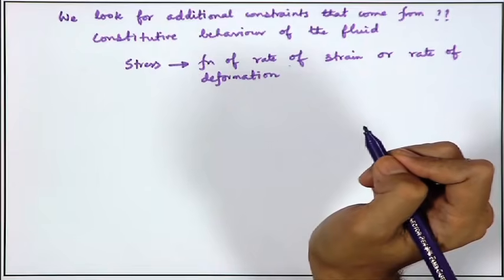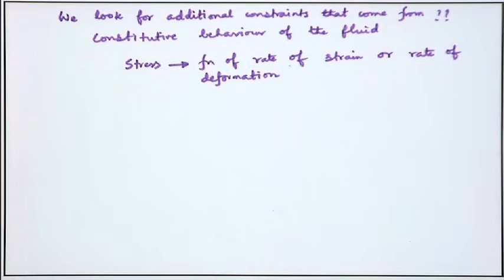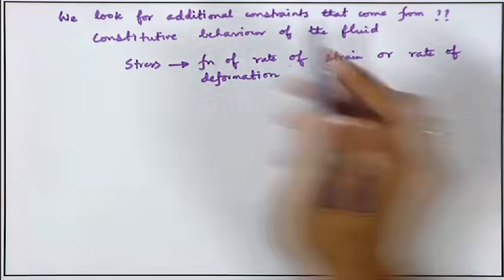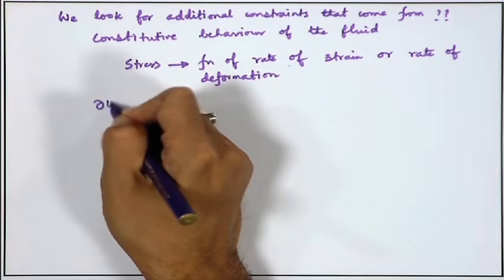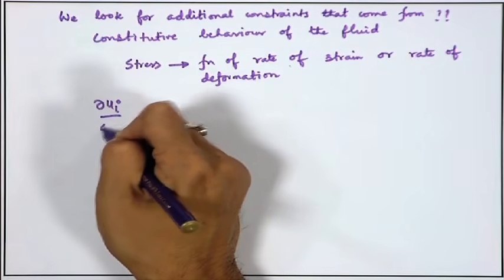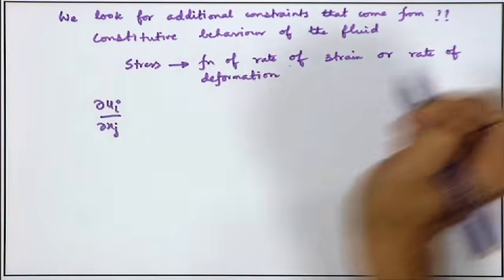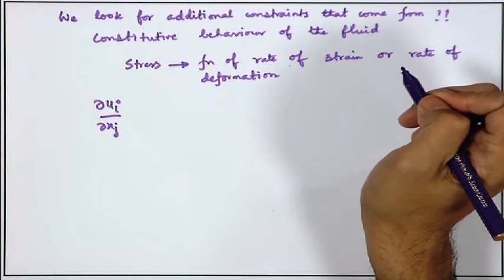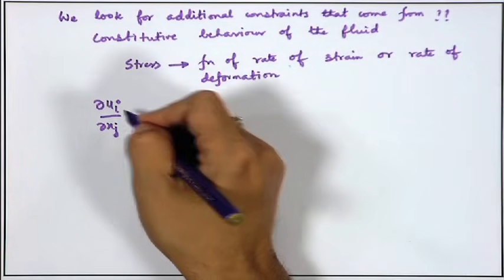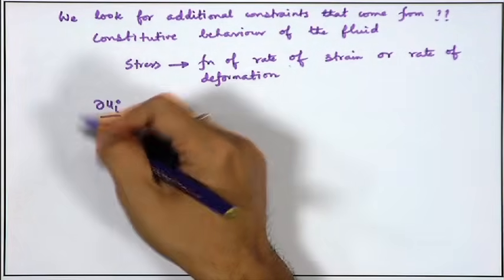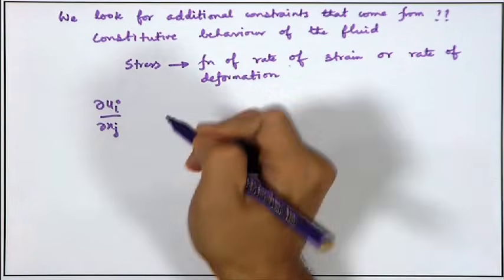Now the rate of deformation, if some of you have attended my kinematics lecture, is expressed by this generalized parameter del u i del x j.